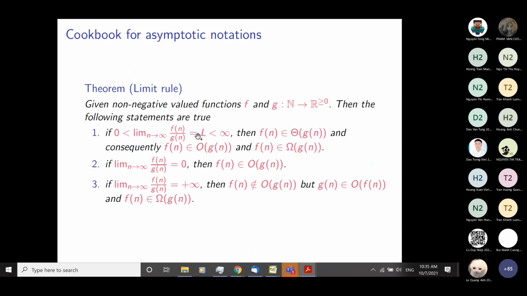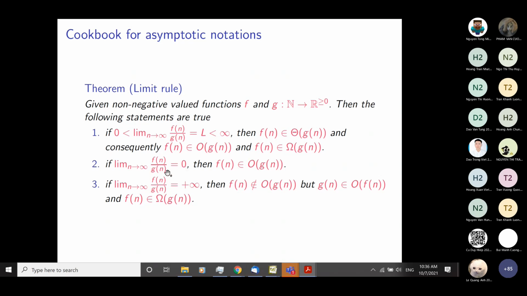So if you are familiar with the application of the limit rule, you can use this to prove this kind of relationship. If the limit of Fn to Gn converges to 0, that means Gn is greater than Fn.